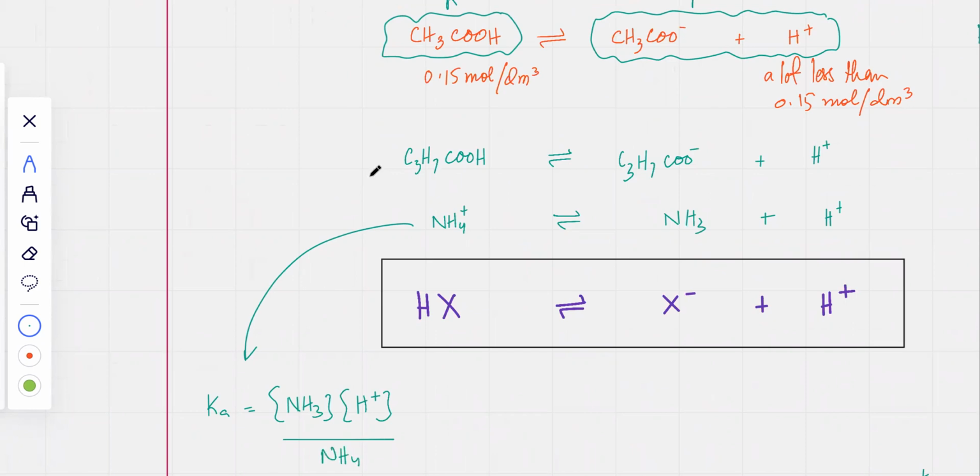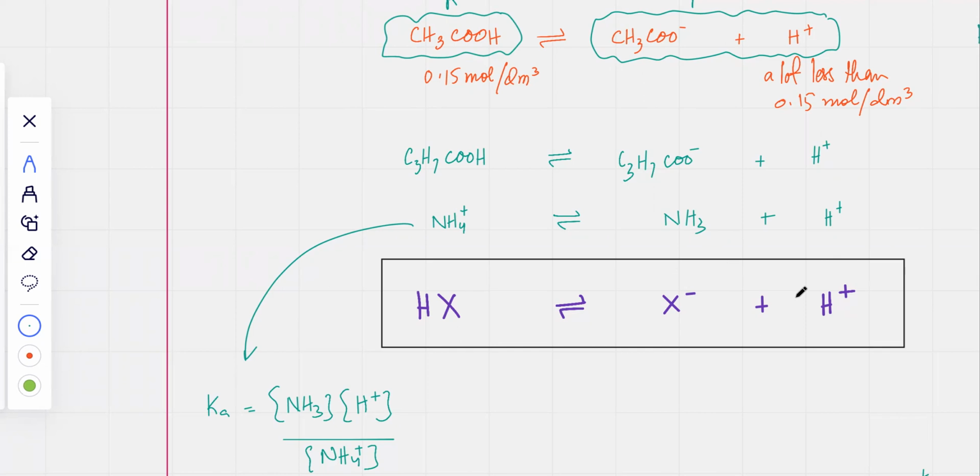Every time it's products over reactants, so you get the same exact expression, and the quantity of these two ions would be exactly the same. That means X minus 1 and H plus 1 concentrations, no matter how much the acid ionizes, would be produced in equal amount. Is this point clear?